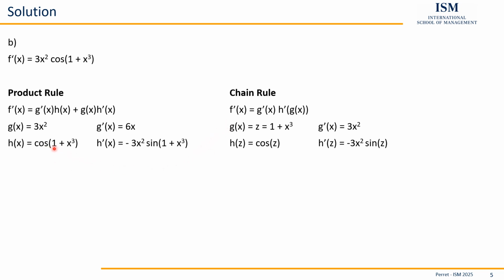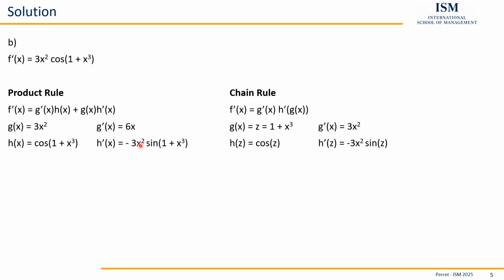The inner function again is 1 plus x to the power of 3, and its derivative, similar to the first derivative, is 3 times x squared. The outer function, where I have this inserted, is cosinus of z, and the derivative of cosinus is minus sinus of z. Okay, so much for this part.